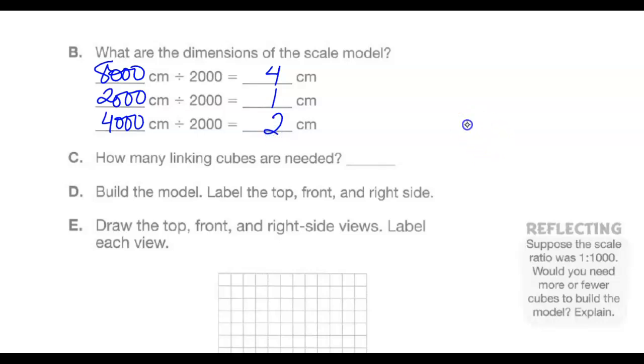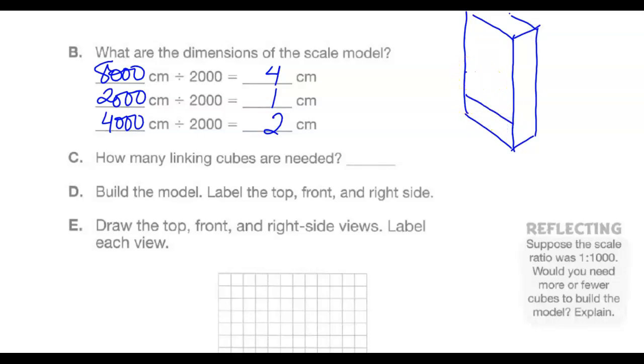Well, we could do a little diagram. So if I need 4, that's the height. 2 across, 1 that way, and 4 up here. So we're going to have something like this, right?